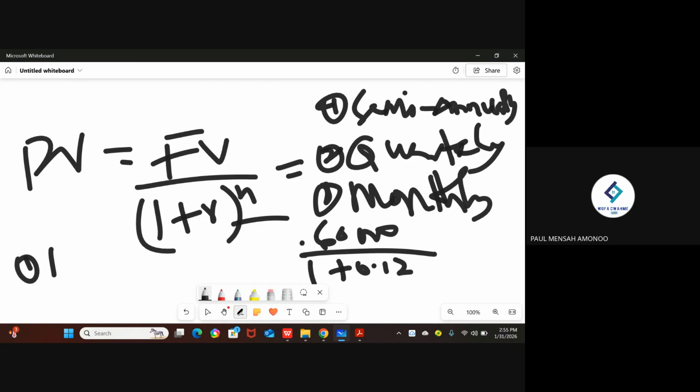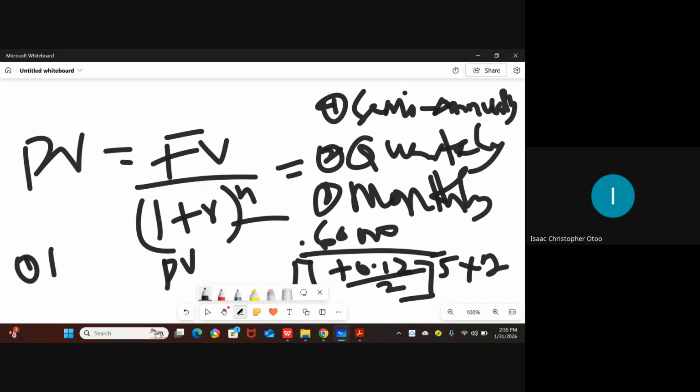Twice. So I will divide this by 2 and put it in the bracket. Then for 5 years, times the number of times, which is 2. So do this one and let's see the present value of 5 years compounded semi-annually.